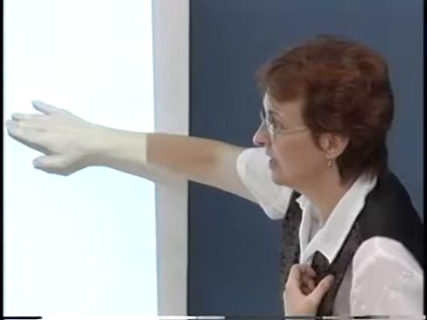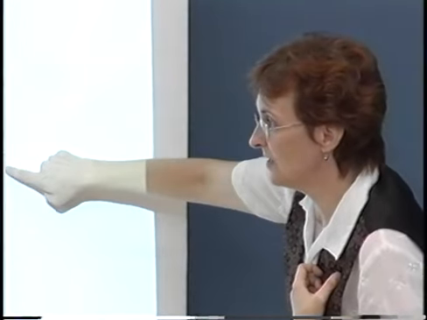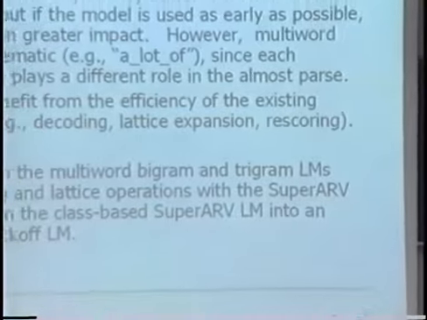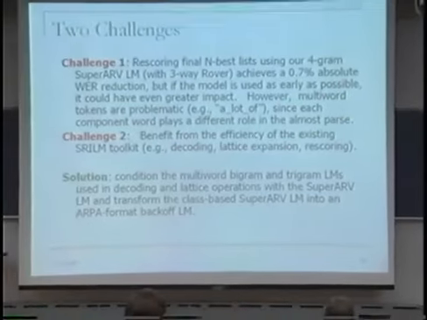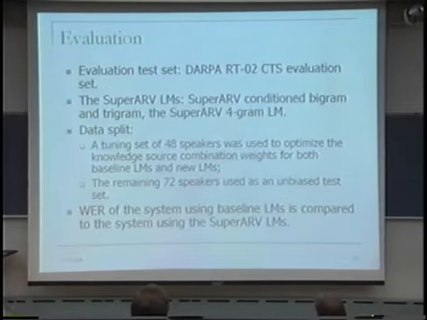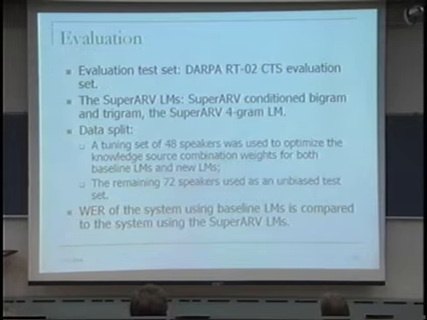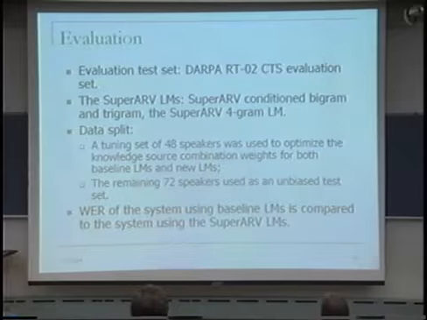So we basically conditioned the multi-word bigram and trigram language models given the super ARV language model, and we transformed the class-based language model into the ARPA backoff format. So evaluation, as I said, was the RT02 CTS evaluation set, and we create super ARV conditioned bigram, trigram, and 4-gram language models.